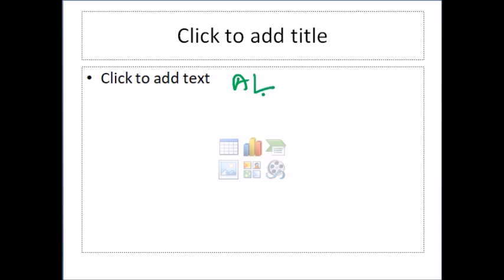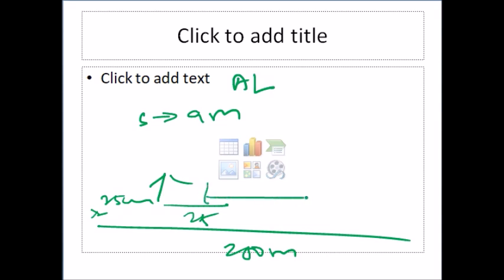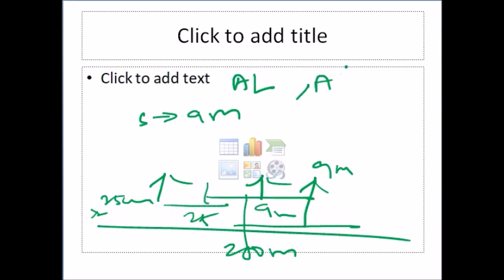The same way for alignment, how will it record? For alignment you have a short chord of 9 meters. In a block of 200 meters, at 25 centimeters it gets one data point, again 25 centimeters, fix the chord of 9 meters, record the data at the center, and keep on recording like this.